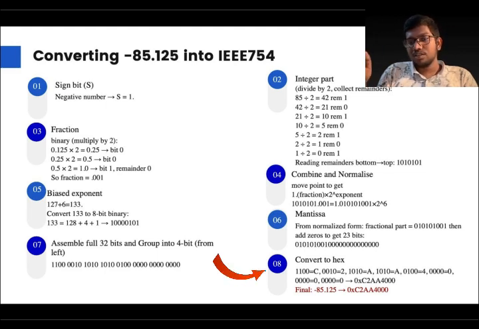So the first is C, then 2, A, A, and 400. This is the final number: 0xC2AA400. Now I'll give a chance to Ramana to continue with the next one.